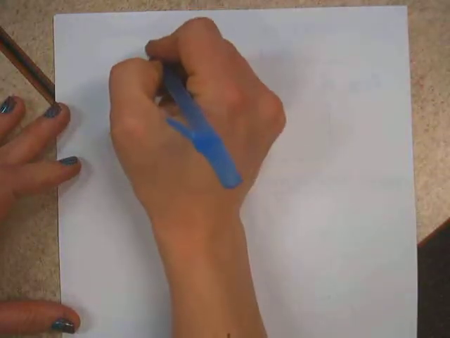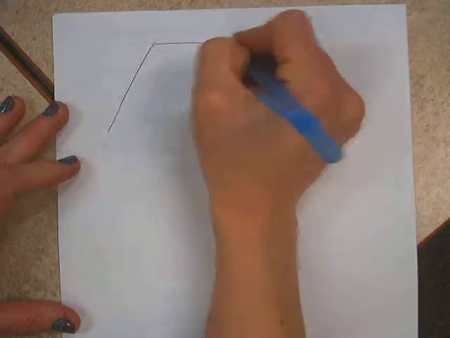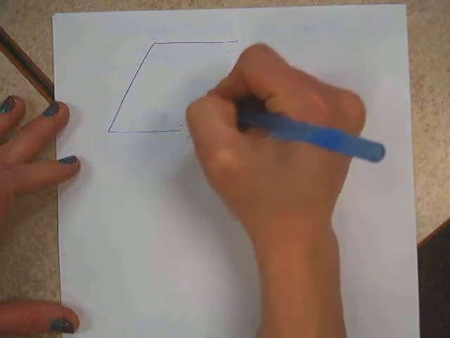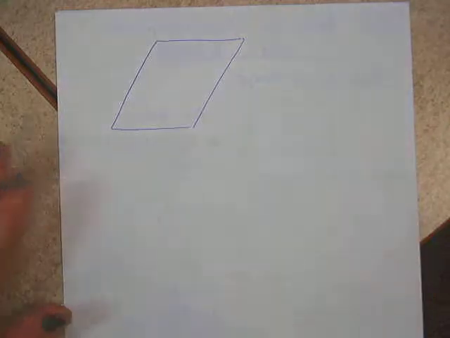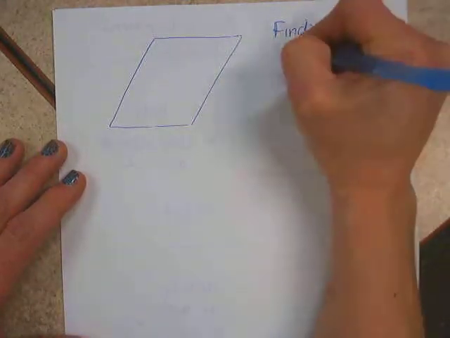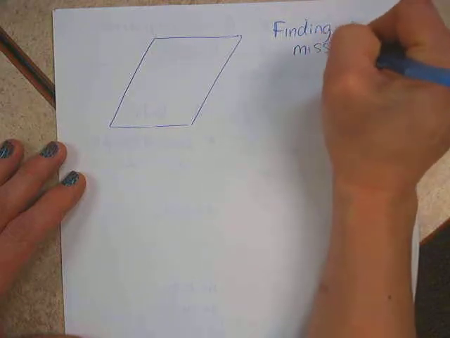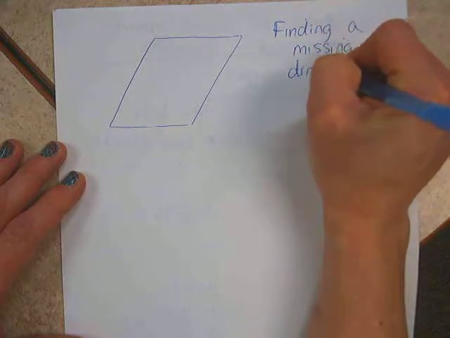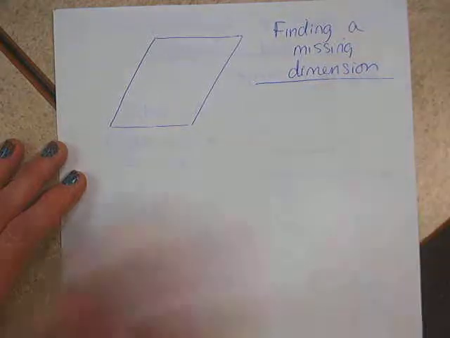Now the part of this that is a little bit new is finding a dimension, okay? This one seems to be one that people will struggle with if they struggle with any of this.